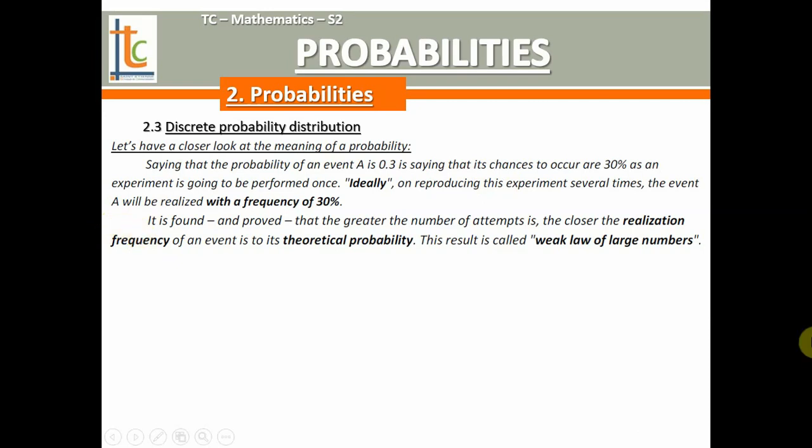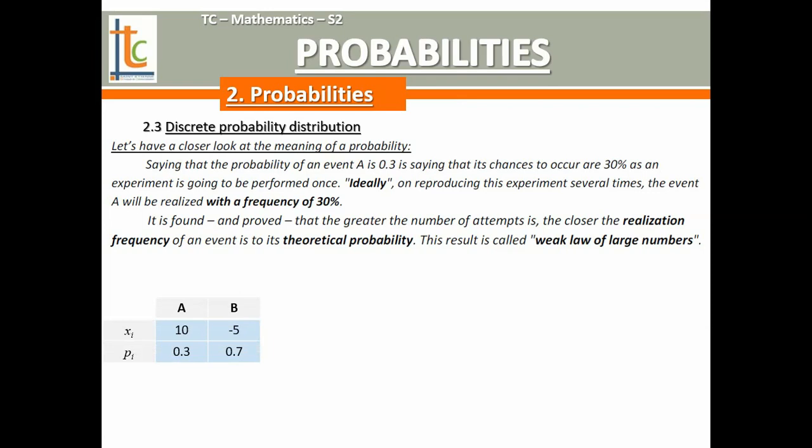And as the number tends to infinity, the realization frequency tends to 30%. So the random follows rules, and that's not intuitive as a result. The random of each experiment, one after the other, follows rules when you're talking about a large number of trials.